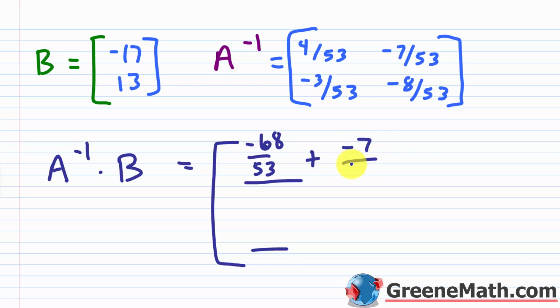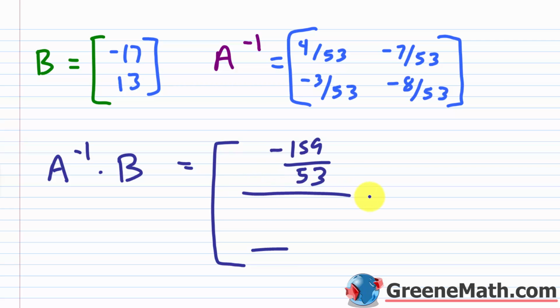So -7/53 times 13 gives me -91/53. If I add -68 and -91, I get -159/53. And if I do that calculation, I'm going to get -3. So this first entry here is going to be -3.